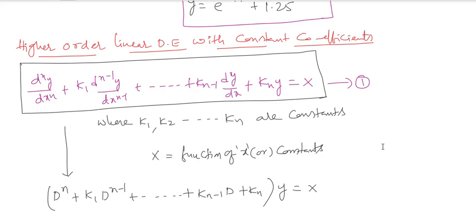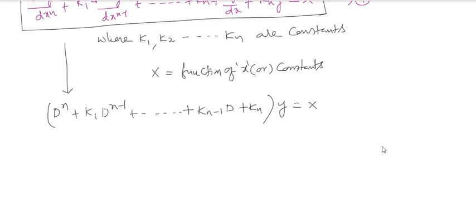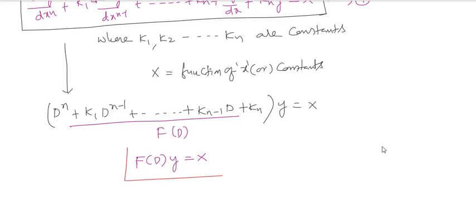Now this overall I will tell you what is d power n, what is d power n minus 1, that I'll explain, don't get bothered, right? So this overall I'm just taking as a function of f of d. I will have here f of d into y, which is equivalent to x. So now this is the compact form. I don't want to write always that d power n like that, not required.